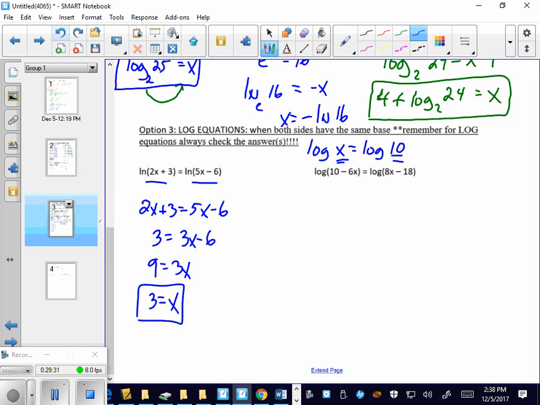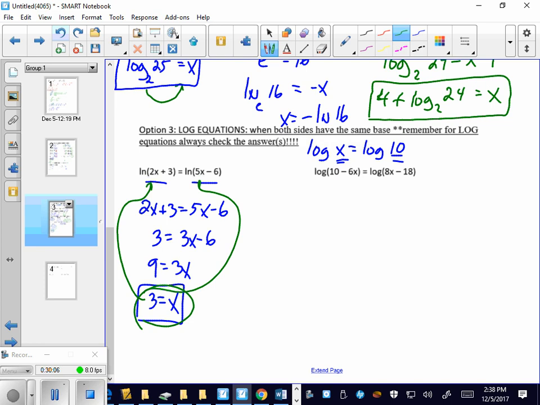Now, very, very important. When you are taking natural logs in your equations and you get an answer, you must check the answer. Because if you remember, the domain of a natural log or a log is x greater than 0. You do have that on the stuff that we did the other day. What it means is when you plug that back in, what you take the natural log or the regular log of has to be bigger than 0.